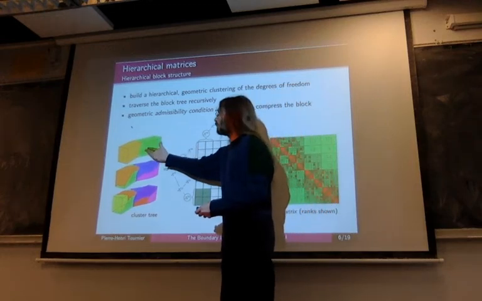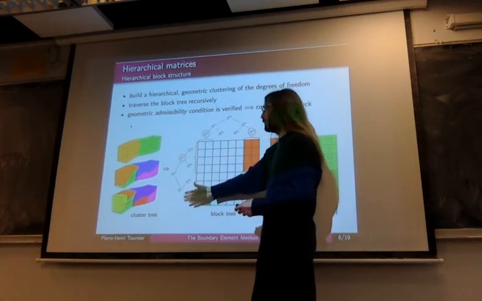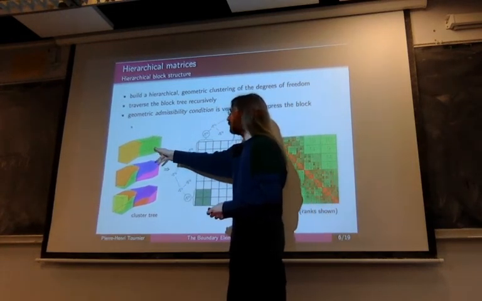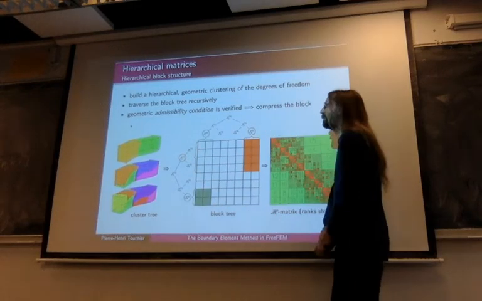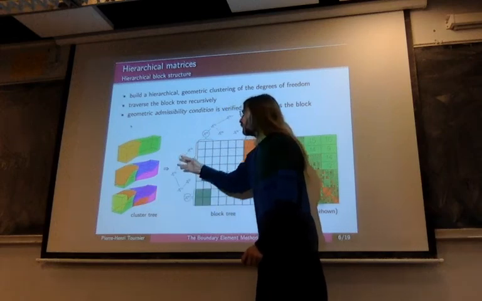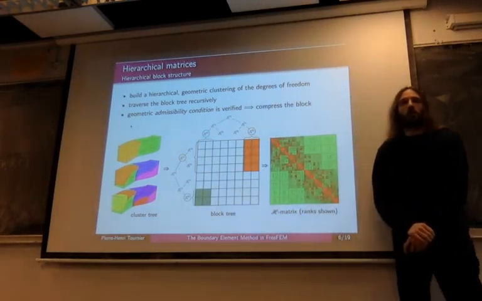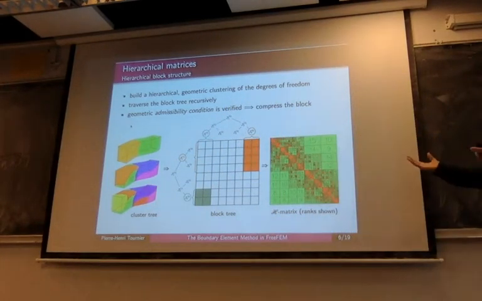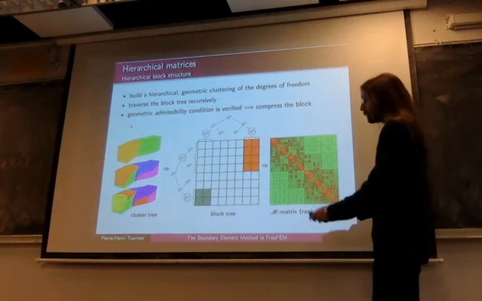So basically you have a binary tree. This is the first level of the tree. I have two sets of degrees of freedom, and then I partition each one in two. And so you have here, for example, 3 levels of the binary tree, right? This is called a cluster tree.